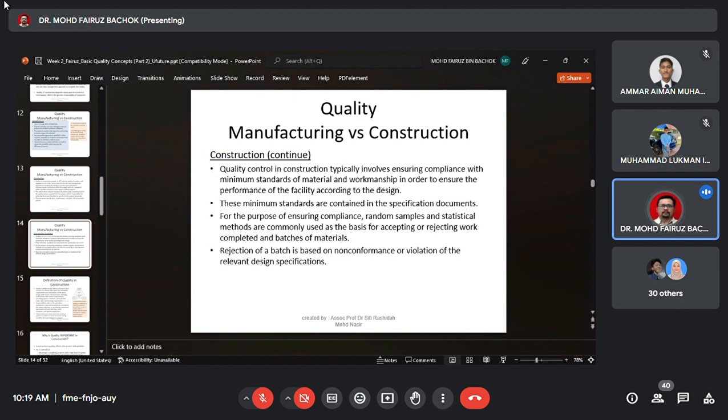The result is based on the conformity evaluation of the relevant design specification. It means that all construction can be rejected if it does not conform to the specific design. So before you construct something, you should know the design specification requirement and follow it.